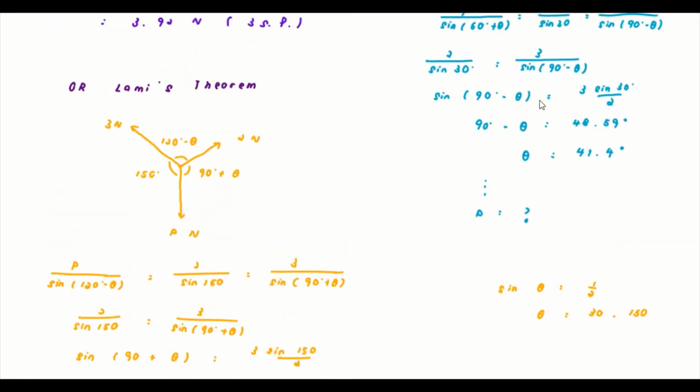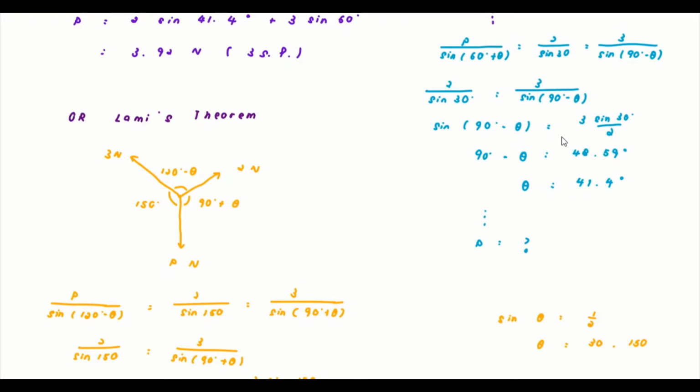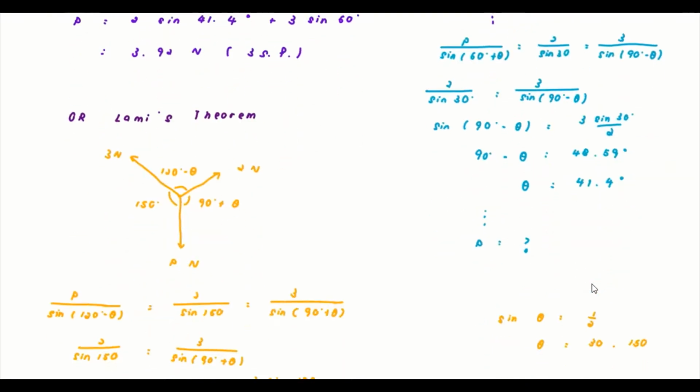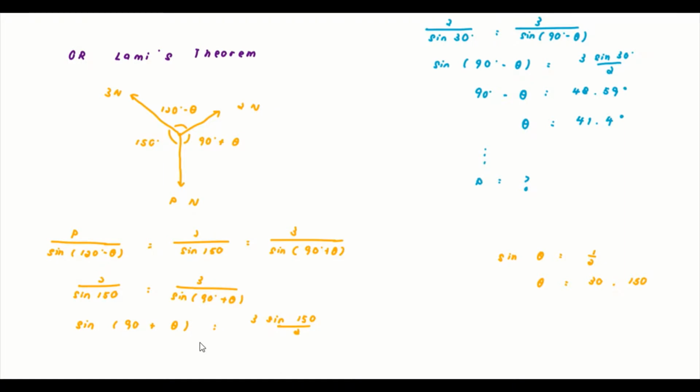But in this case, we are not taking the other side, because we know that for 90 minus theta, the angle here is in the first quadrant. So when we solve this, we straight away get 48.59. But when you look at this question, do you think that you can actually get the first one?